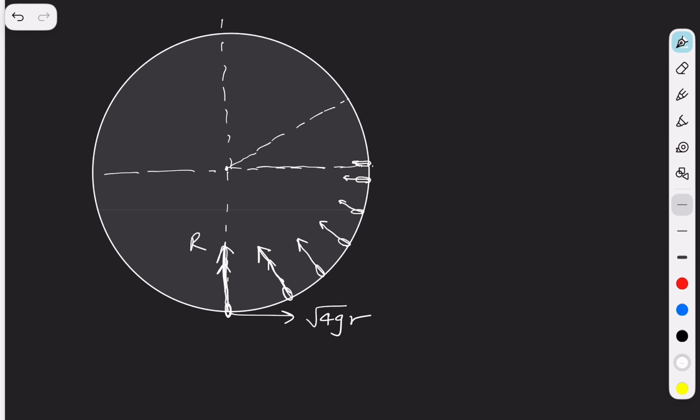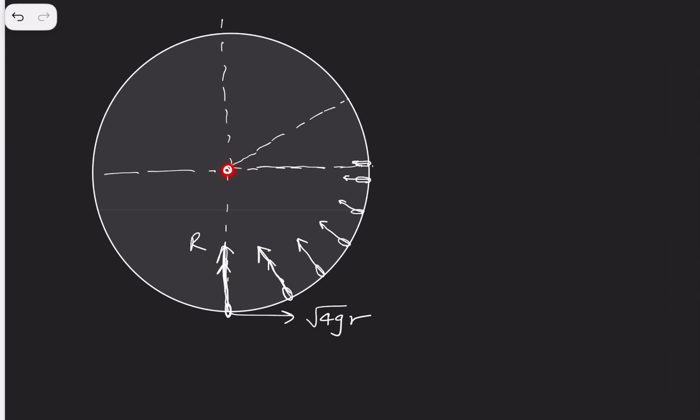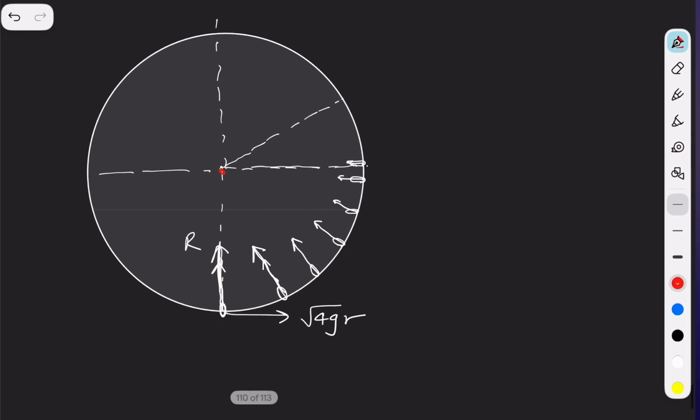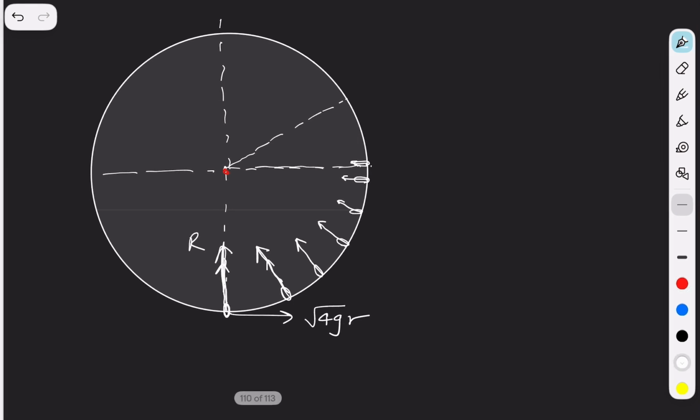So what we can do here is, the body will go further and it will lose the normal force. Let's say here it becomes zero. This angle we can find out, we will discuss this now. Here the normal force towards the center becomes zero, and now the force will convert to the other side.